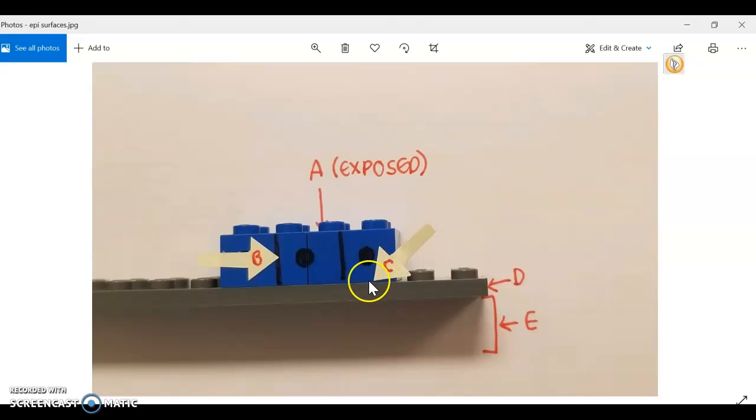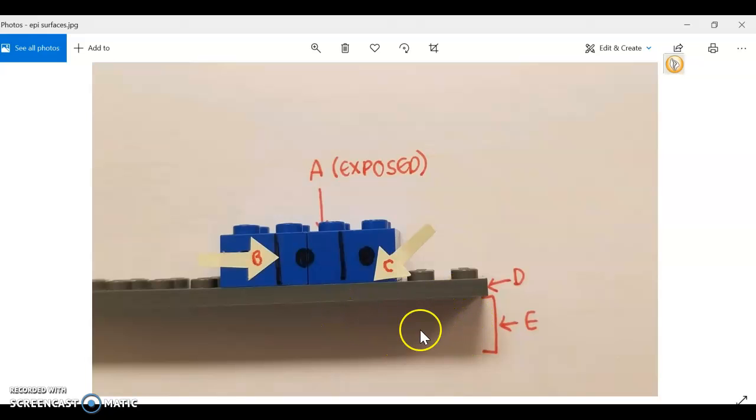Letter C is pointing to what's on the bottom, and it's attached to, you can see this basic platform from the Legos, letter D. Letter D is the basement membrane, and letter C is the basal surface. They both sound like the bottom: basement, basal, so think of it that way. The basal surface is the part of the epithelial tissue that's connected to the basement membrane.